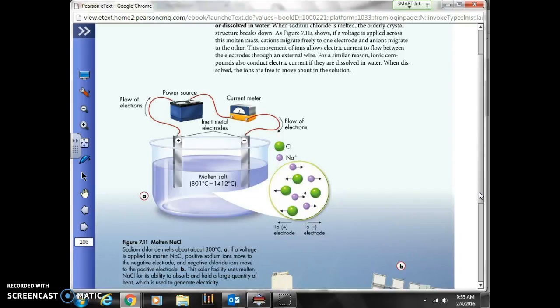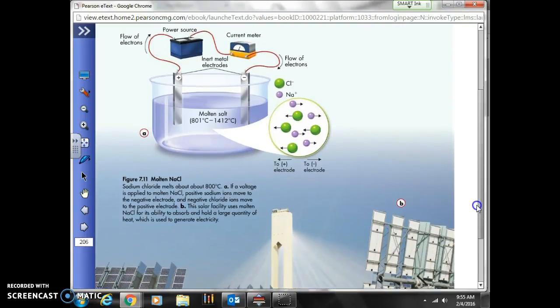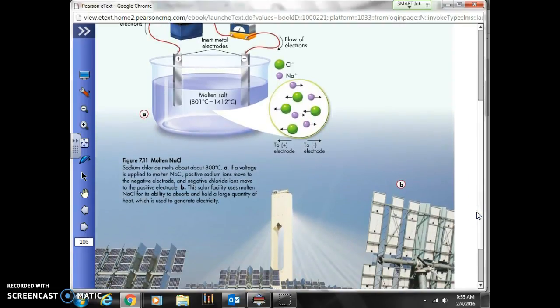We are at the end of 7.2 talking about the properties of ionic compounds. And this is just showing you a picture of molten salt. Molten means melted. Sodium chloride melts at about 800 degrees Celsius.